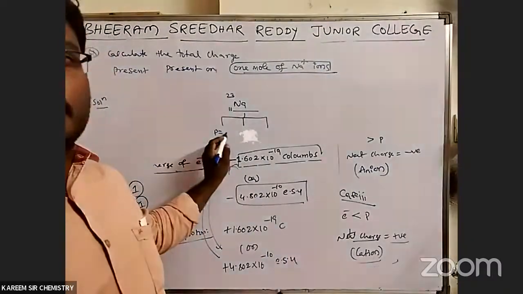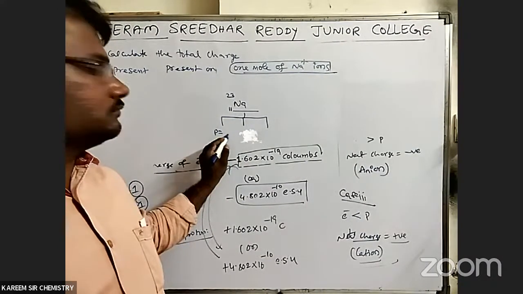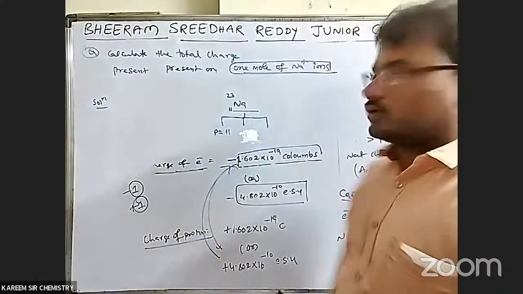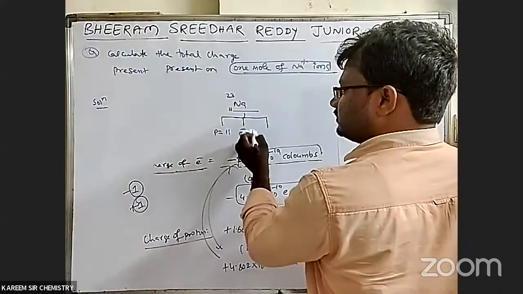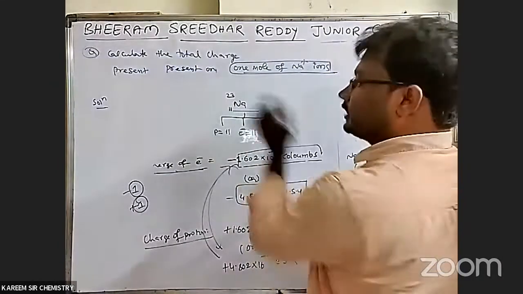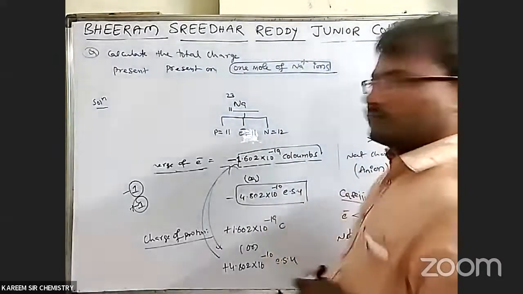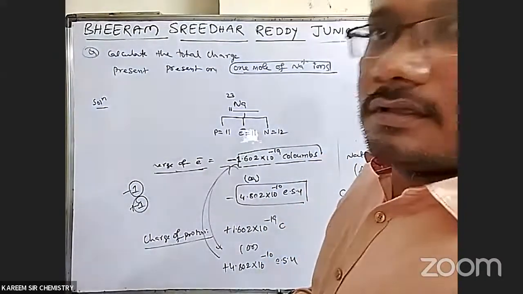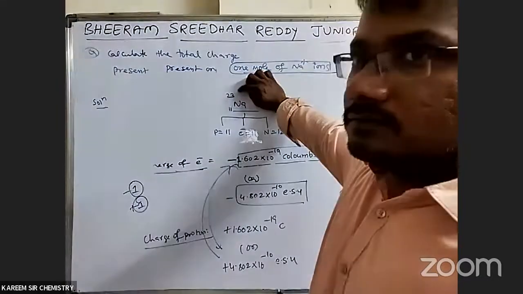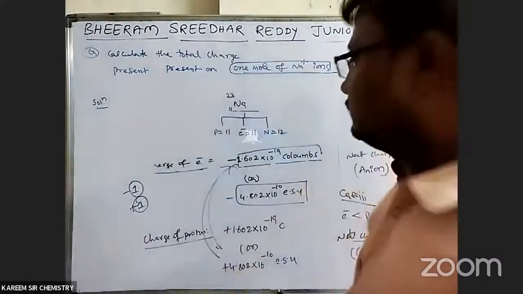So how many protons? 11. Atomic number means protons. How many electrons? Whatever the protons, the same number of electrons in a neutral atom. And neutrons are 12. 11 protons, 11 electrons, 12 neutrons.